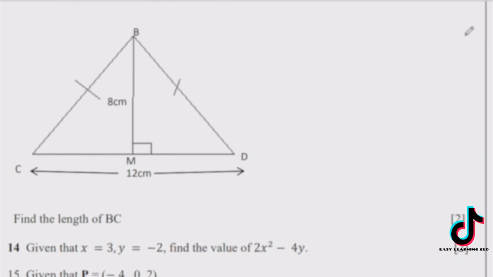So which one is BC? This is BC. Since we want to find this line, which is BC, we can extract angle BCM. Okay, we can extract this angle. Sorry, what am I saying? We can extract this triangle, sorry if my line is not straight.